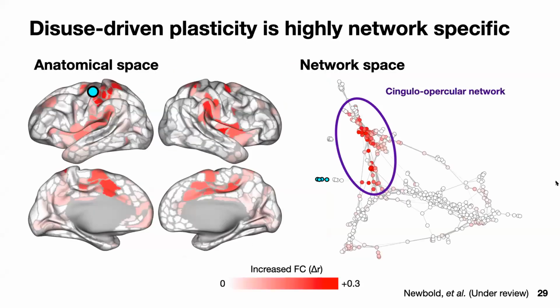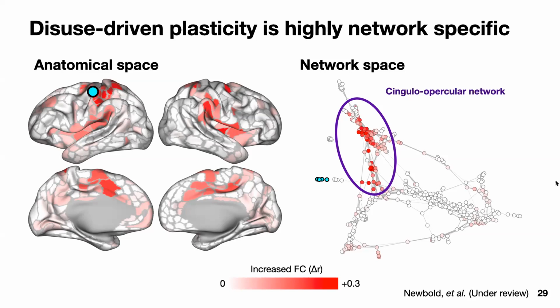Our next conclusion from this was that whole brain plasticity can be highly focal in network space. This didn't have to be the case. I've seen lots of studies that report changes in functional connectivity that are sort of scattered around the brain. They don't seem to correspond to the functional network architecture at all. And it makes you a little uncertain about what those effects mean and if they're real or noise.